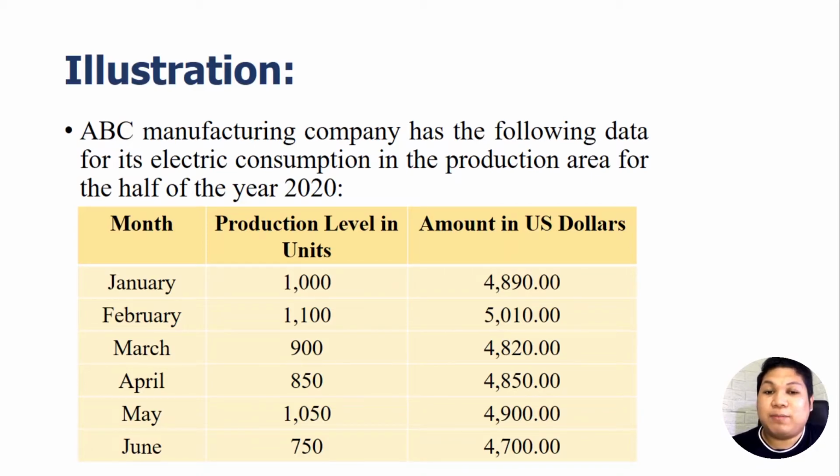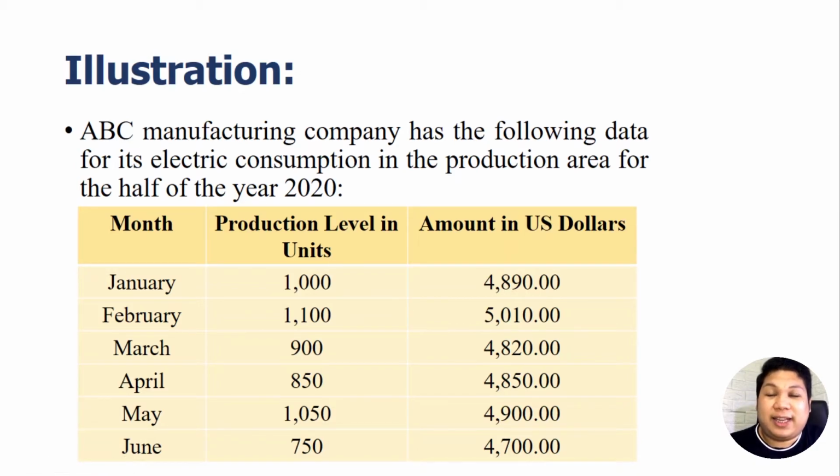Remember that the x variable is the independent variable and the y variable is the dependent variable. So here, our x variable would be the production level in units, because it is not dependent on the amount of electricity. In contrast, the amount of electric consumption is dependent on the production level. Hence, the production level is the x variable and the amount of electricity consumption is our y variable.